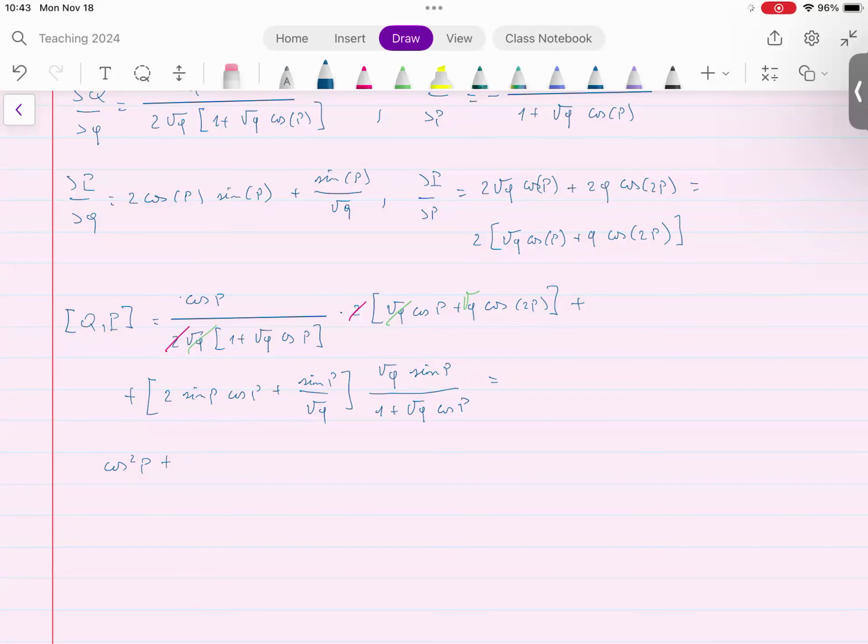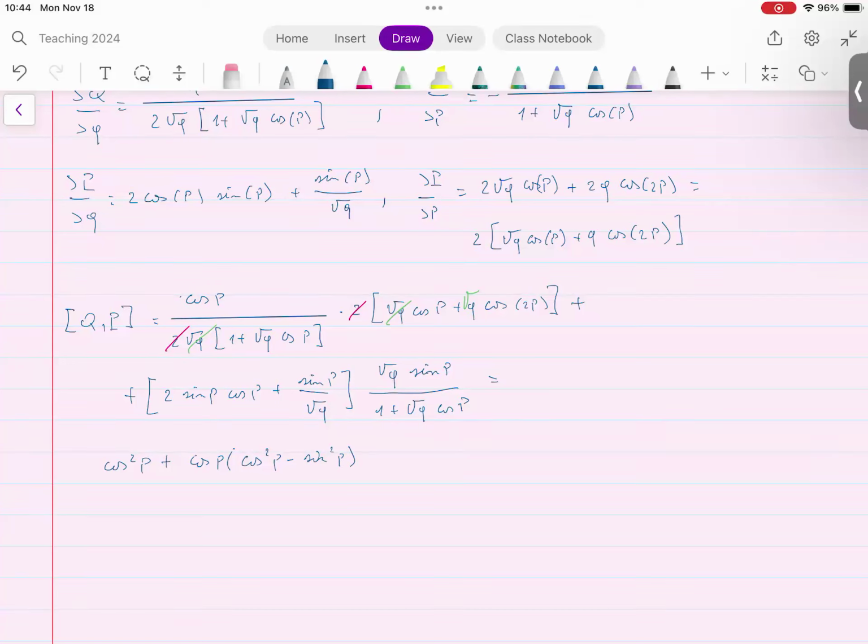So I have cosine of p that multiplies, so that's cosine square minus sine square. Cosine square of p minus sine square of p.